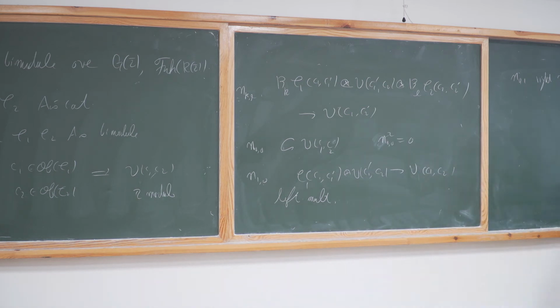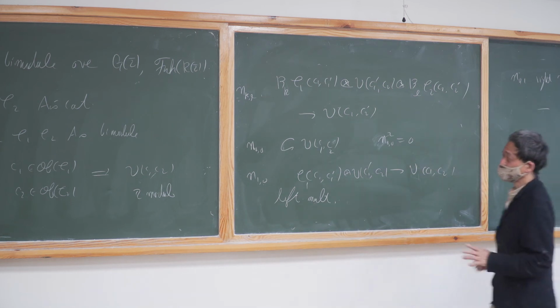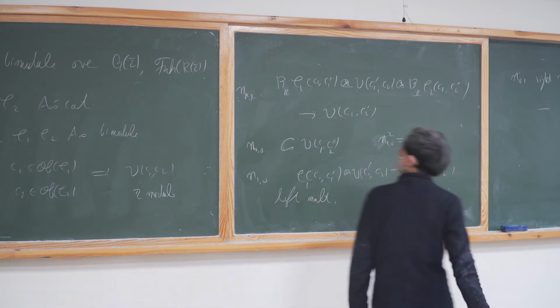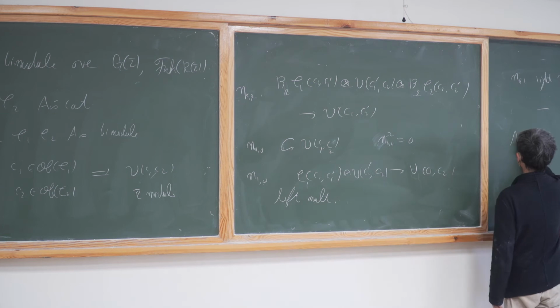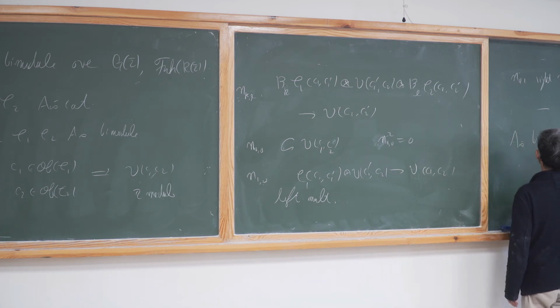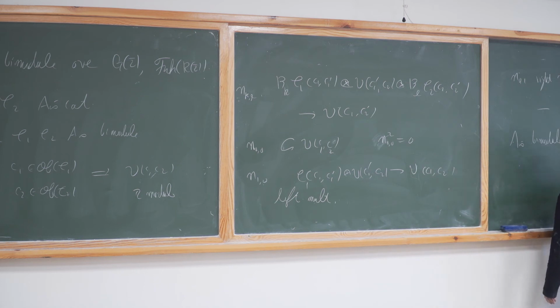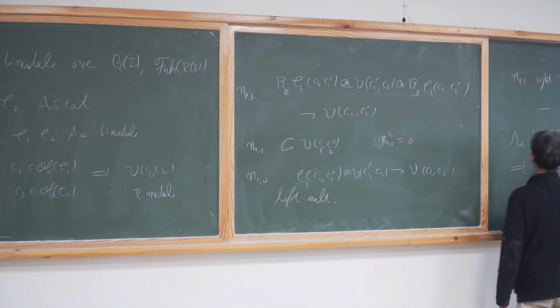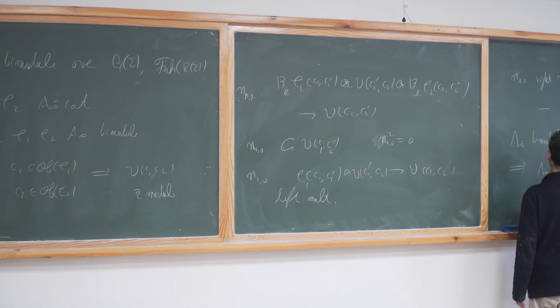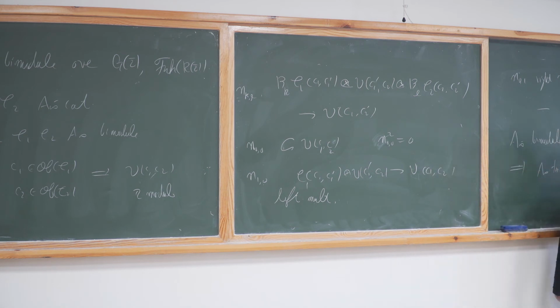Then something we can say is the following. This is, I think, a kind of tautology. If you have an A-infinity bimodule over C1, C2, then it induces an infinity functor from C1 to the category of right C2 modules.